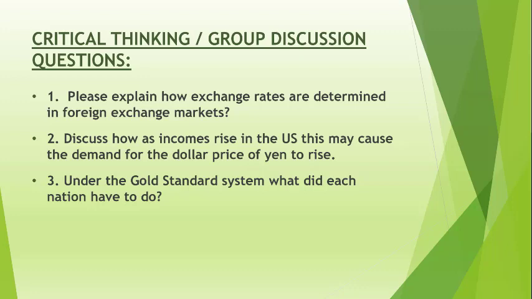In a gold standard type system, that can be problematic, of course, because first of all, gold is being mined all the time, but secondly, there could also be problems with individual firms.